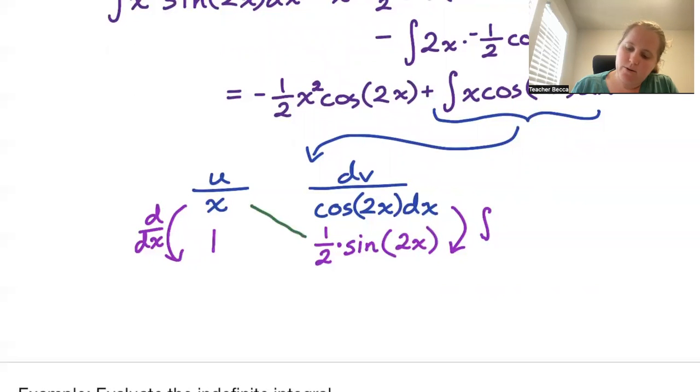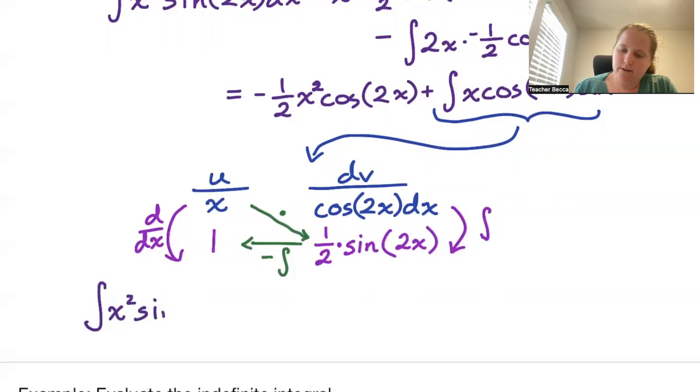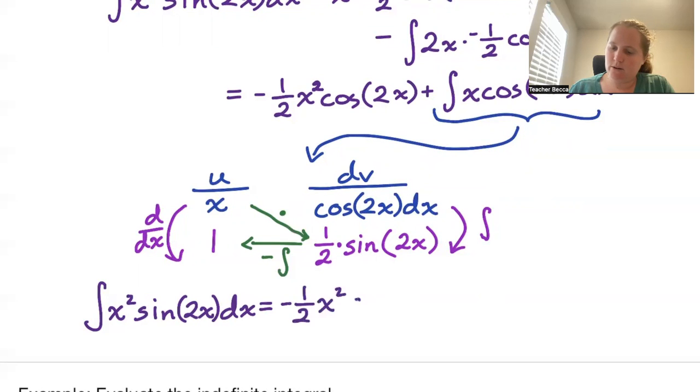Again, we do our positive product on that first diagonal. We subtract the integral of the product of the second diagonal. So we wind up getting that we have our integral of x squared sine of 2x dx is equal to, we originally had a negative 1/2 x squared cosine of 2x.